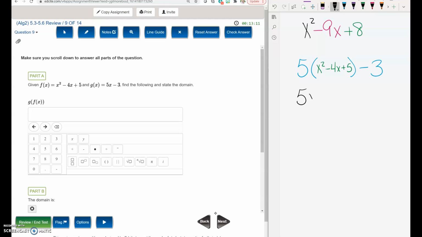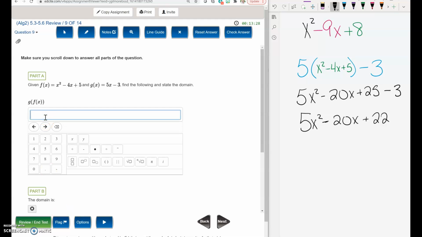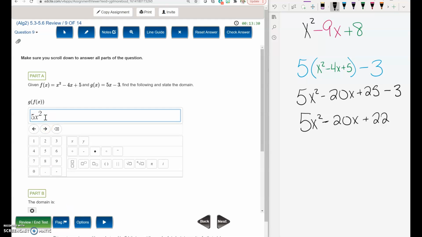Distribute, this will give us 5x squared minus 20x plus 25, and we have that minus 3 that we bring down. Combine your like terms. 25 minus 3 is 22. So our final answer here is 5x squared, get out of your exponent, minus 20x plus 22.